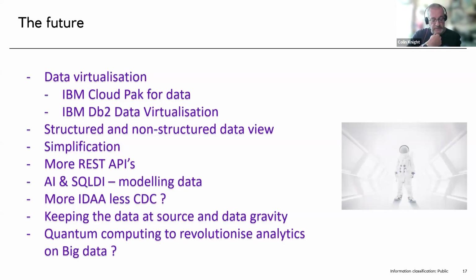Good question. And finally, here on this slide, we're looking at quantum computing. What can that do to analytics on big data? Well, quantum computing would definitely deliver massive parallelism and speed. It improves handling of complex data structures.